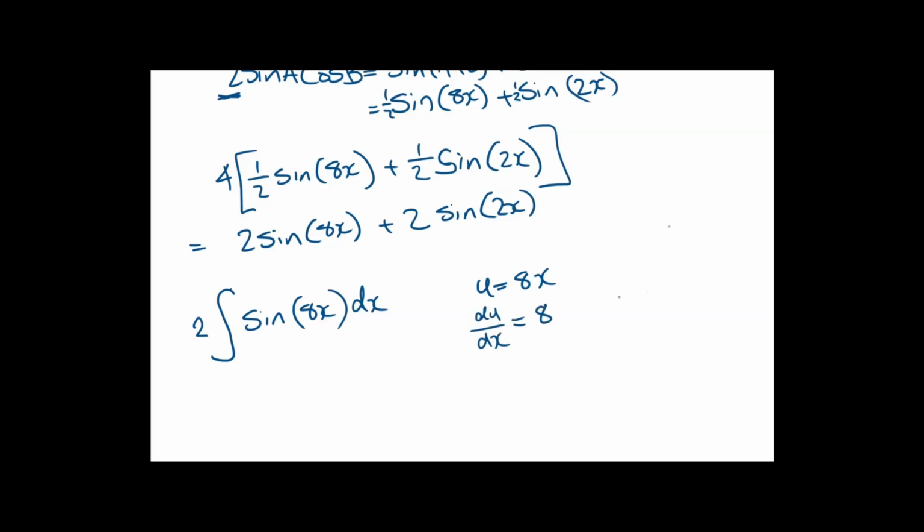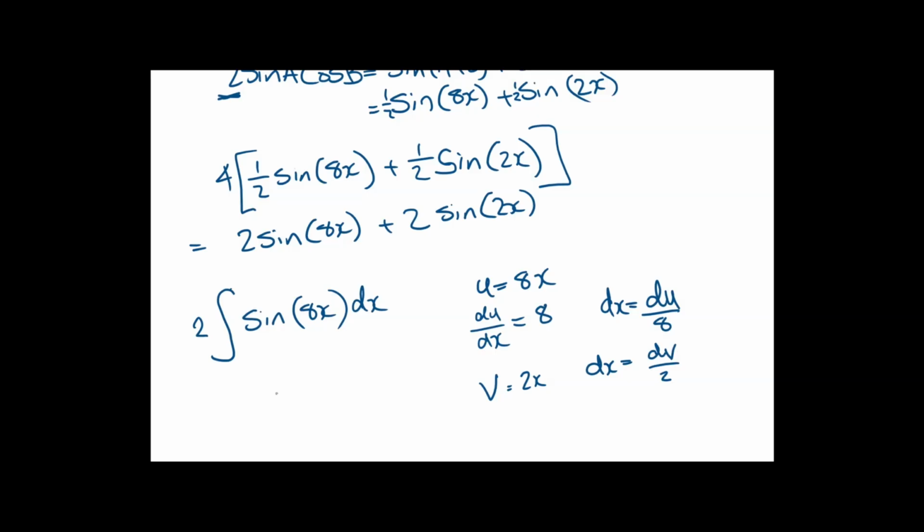So therefore dx is going to equal du over 8. Later, when I do it with 2x, let v equal 2x. dx is going to be equal to dv over 2. I don't really like doing that, so I'll use v just so we don't mix up our u's.